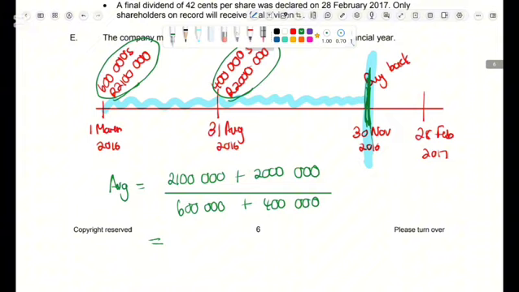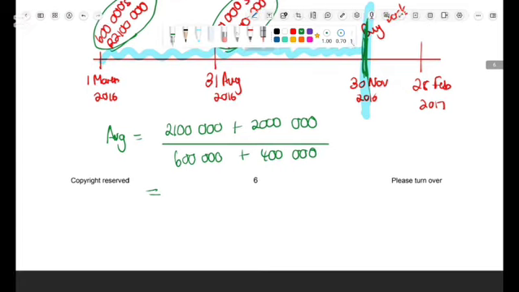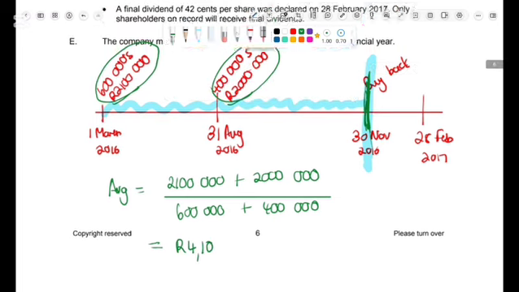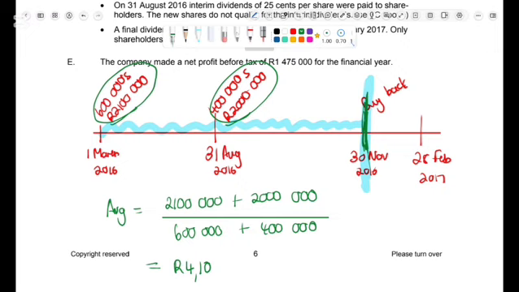Then on top, I'd have 4,100,000. So 4,100,000 divided by 1 million would give me 4 rand 10 cents. So my average price is 4 rand 10 cents, and that's the average price I'm going to use for my buyback in my ordinary share capital note, right?